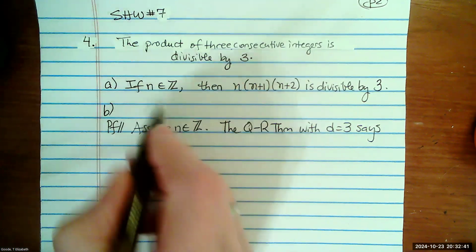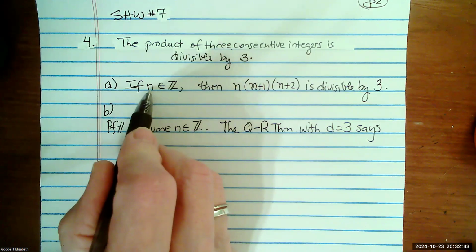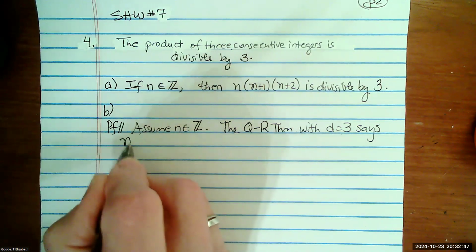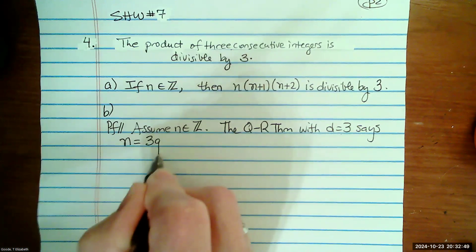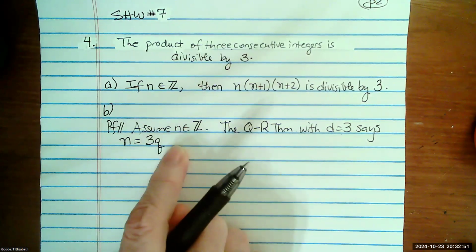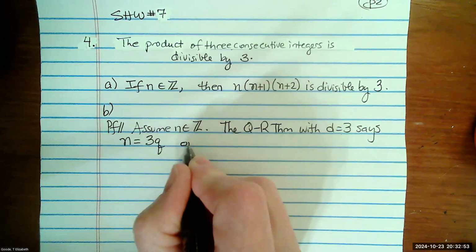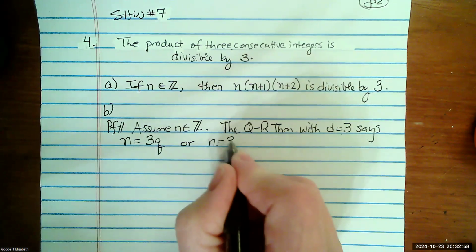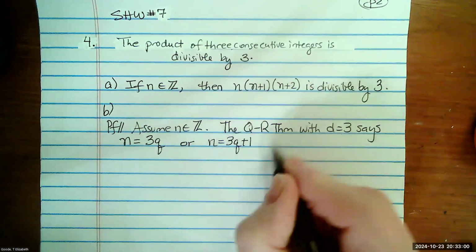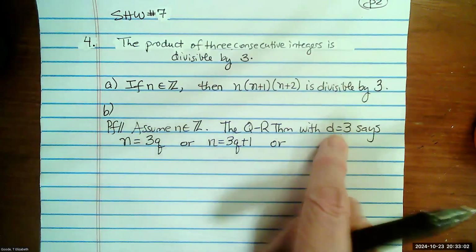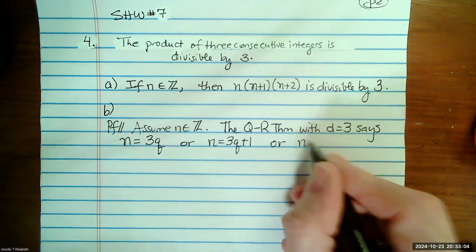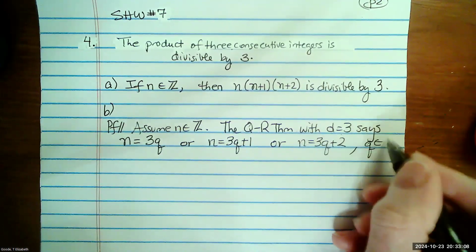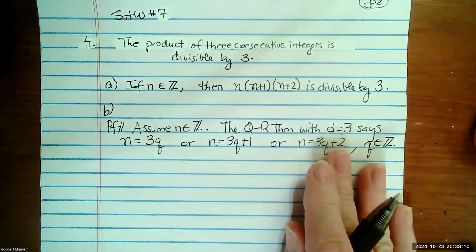So it says we can divide n by 3, and we're guaranteed we're going to get either n equals 3q, no remainder, or when we divide n by 3 we get a remainder of 1, so n equals 3q plus 1, or n equals 3q plus 2. And of course, q is an integer. So that's how we set up our cases.